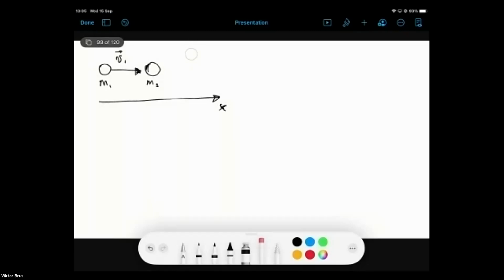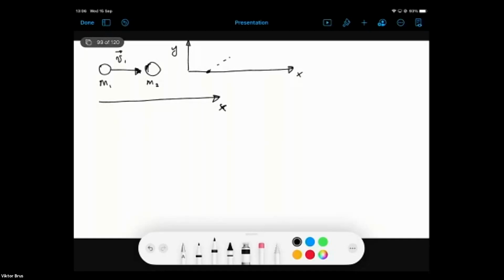So let's say we have here axis y, here axis x. At some point, which is the point of collision, these bodies interact with each other and then they move in this two-dimensional space.